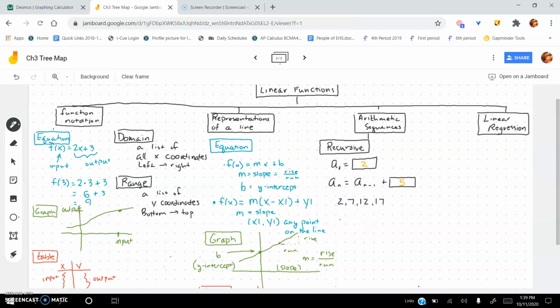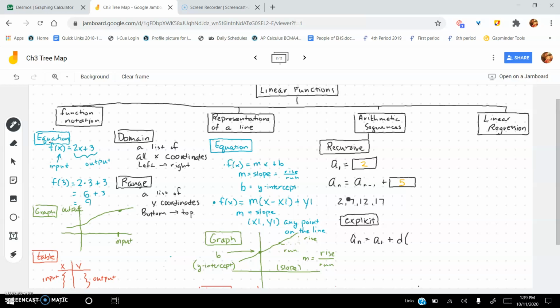You also learned the explicit formula, and the benefit of the explicit formula is you don't have to find all of the previous terms in order to get the next one. You can just say, I want to find the 100th term. The way you do an explicit formula is my nth term would be my starting amount plus a whole bunch of common differences that I added on.